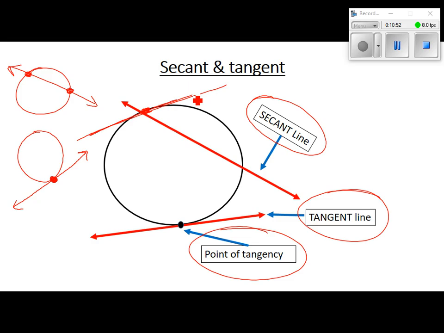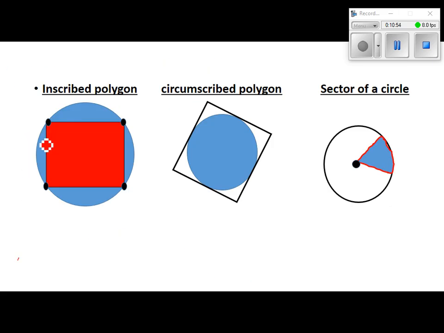And we're going to use those terms. An inscribed polygon, we talked about this a little bit earlier this year. Inscribed polygon, remember all the corners have to be on the circle, and the polygon, which this time I have a quadrilateral, is inside the circle. Remember, this is not an inscribed polygon.